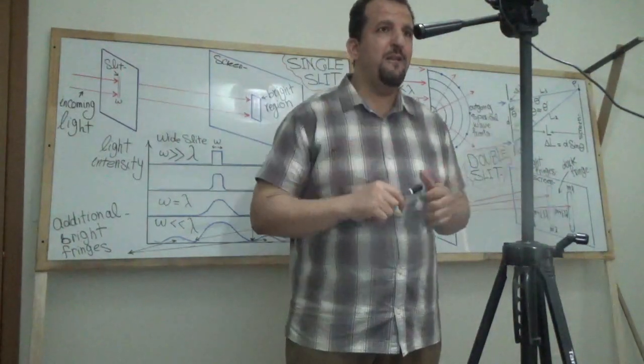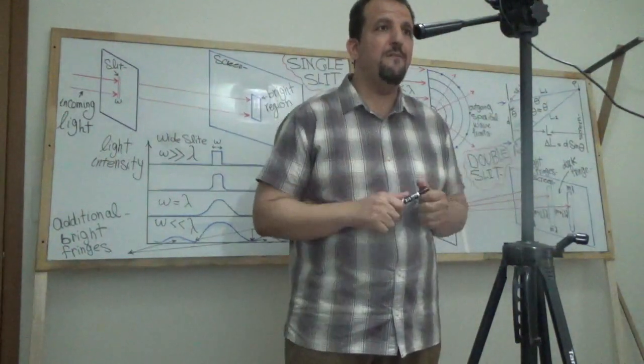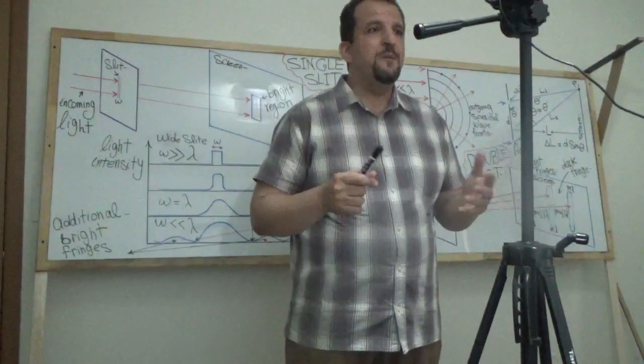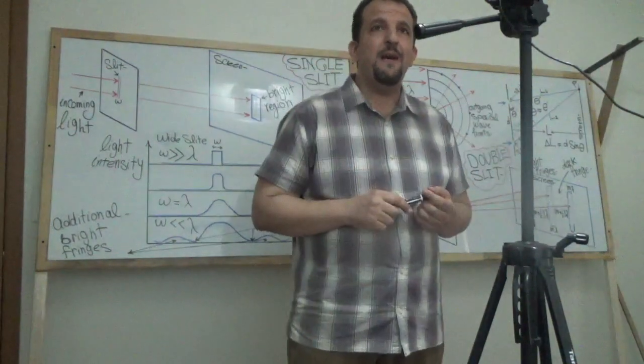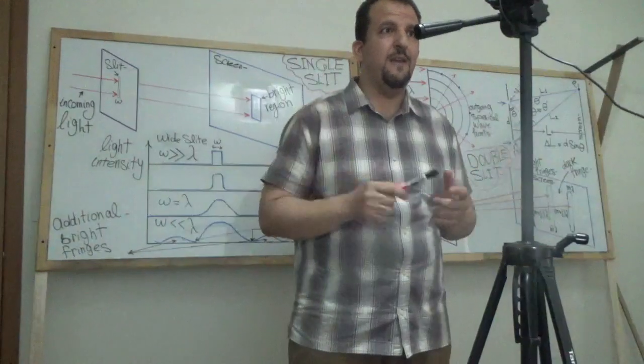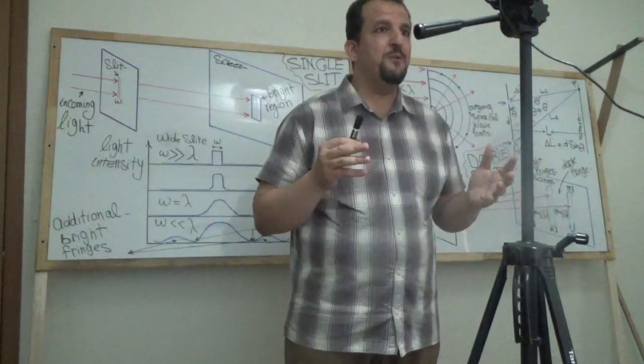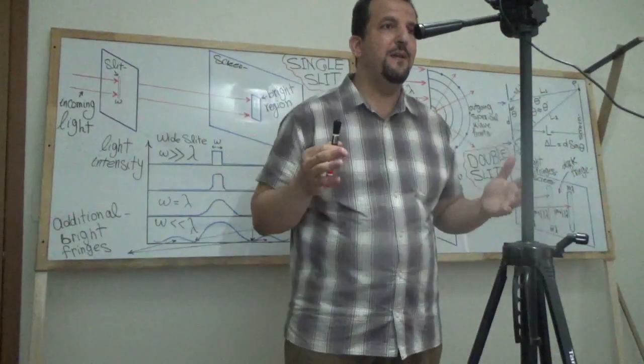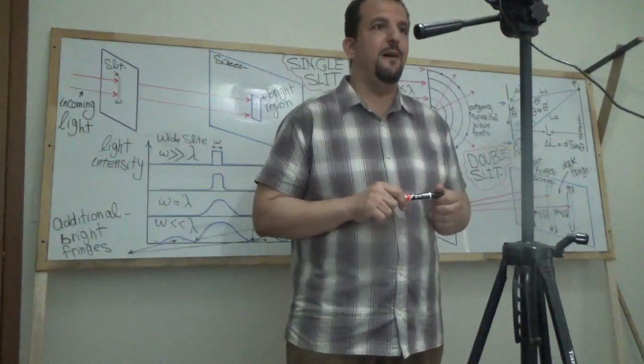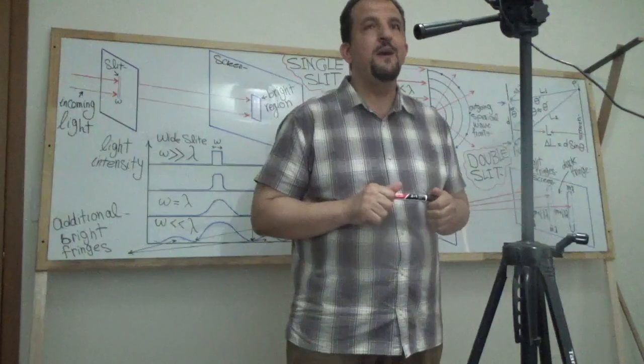Huygens believed that light is a wave. However, Newton was thinking that interference and diffraction can be interpreted using a different idea than Huygens did.